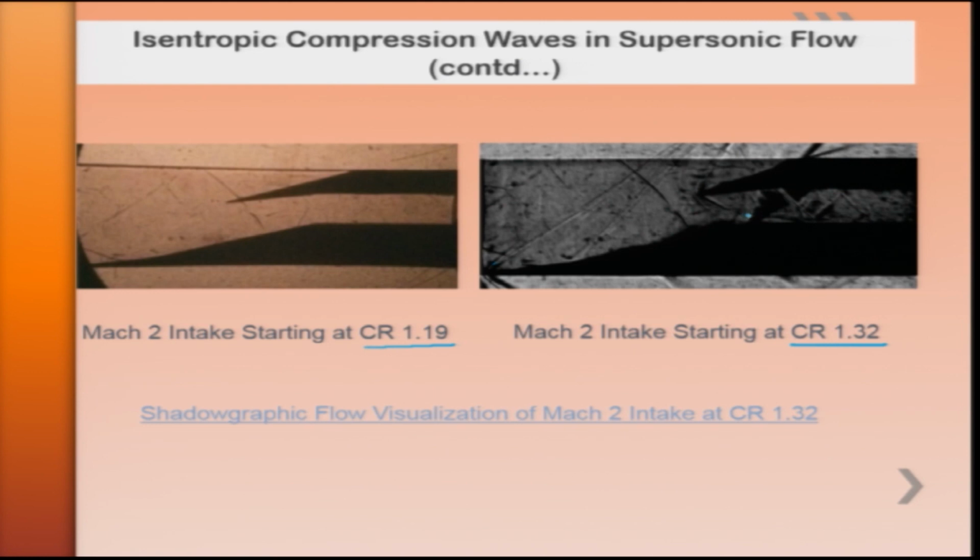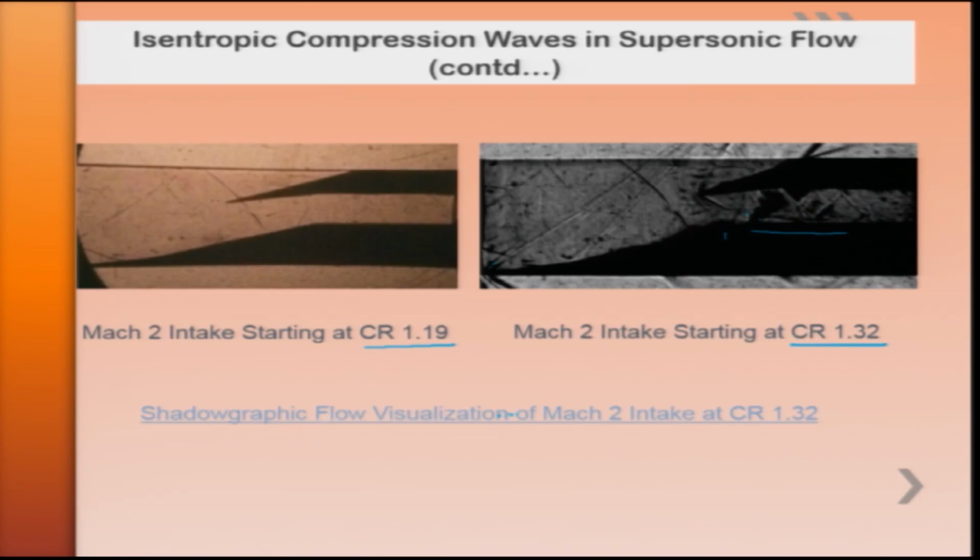Then these shock waves hit the bottom surface and get reflected because of the body present here, so these kinds of wave structures are present in this region of the intake.